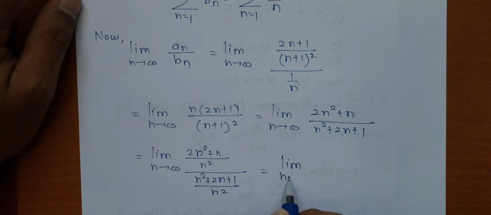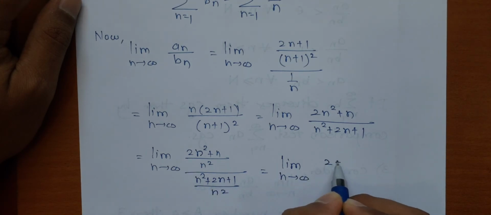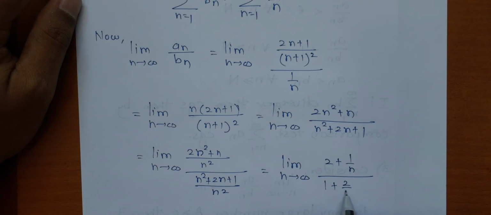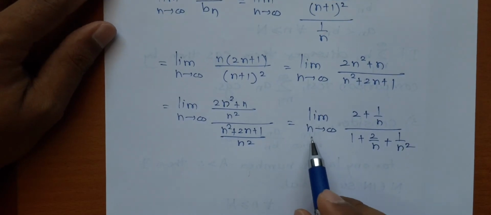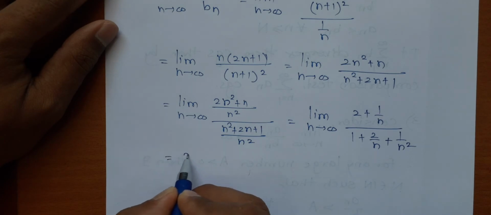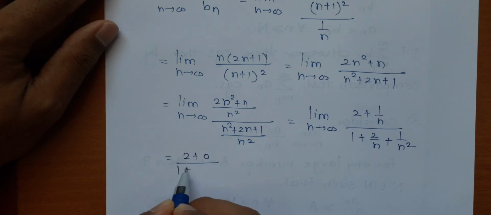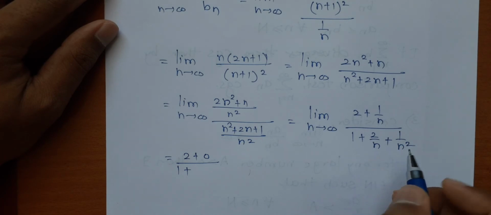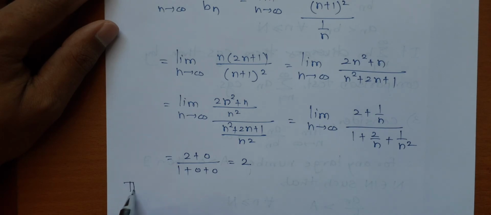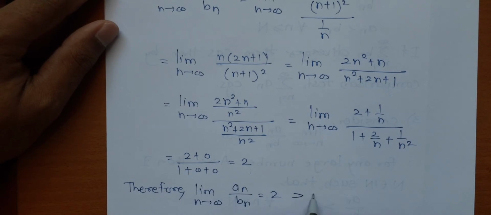If you divide separately, 2n square by n square is 2, n by n square is 1 by n; in the denominator, 1, 2 by n, and 1 by n square. Now if you apply the limit, 1 upon infinity is 0. So this is simply 2 plus 0 over 1 plus 0 plus 0, since those terms have n in the denominator, so their values are 0. What we get is 2. Therefore the value of the limit is 2, which is greater than 0.